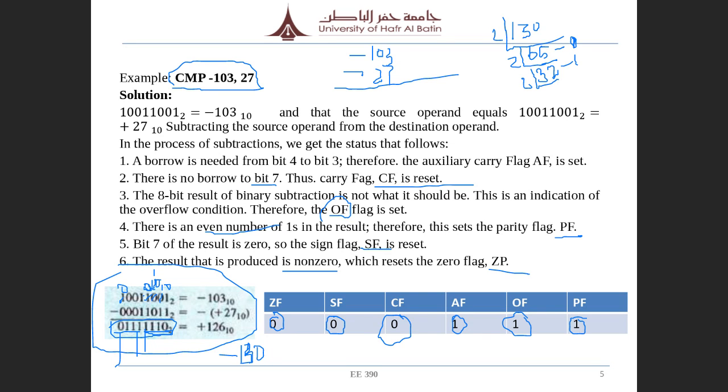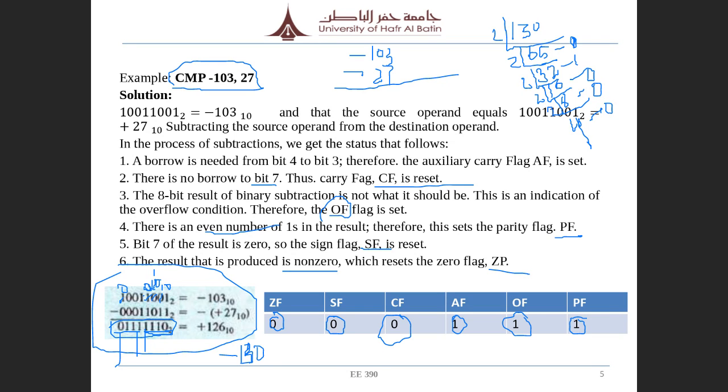Divided by 2, it becomes 16, remainder is 0. Divided by 2, 8, remainder 0. Divided by 2, quotient is 4, remainder 0.